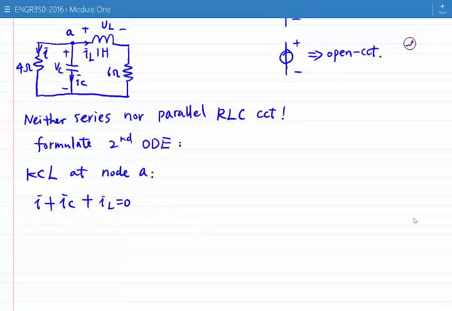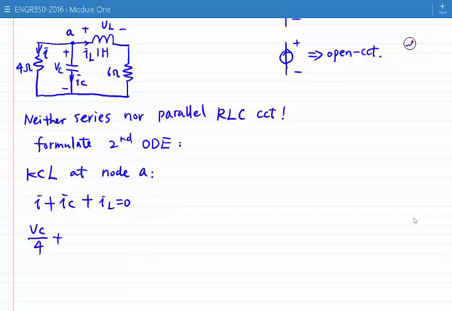The voltage applied to the 4 ohm resistor is equal to VC because they are connected in parallel. So VC over 4 is equal to I plus IC.